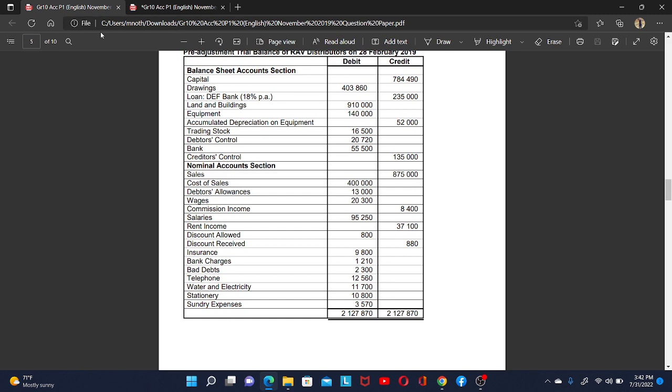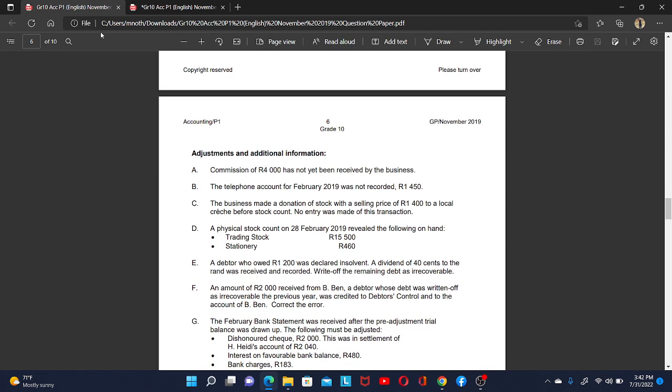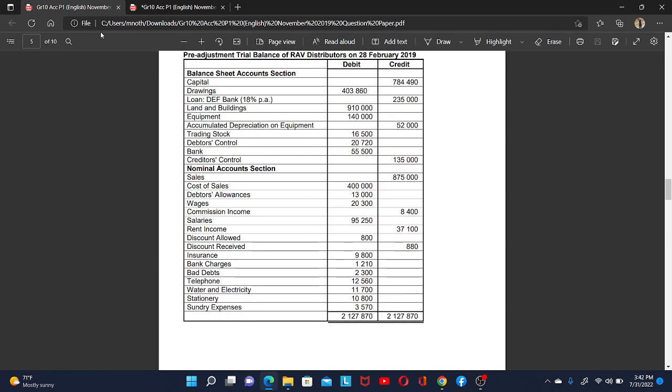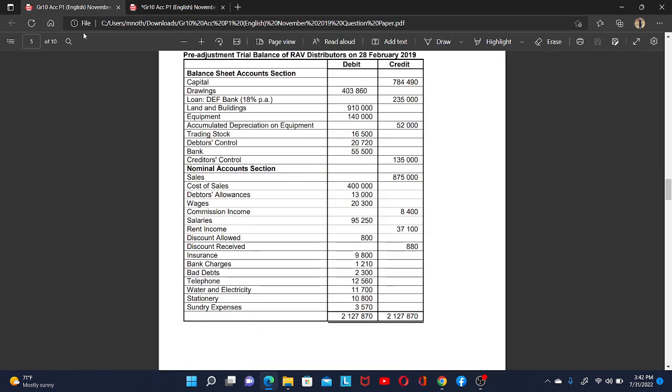And then let's go straight to the adjustments. Adjustment number one, commission income. Let's check the commission income. The commission income is 8,400. What are they saying about it?